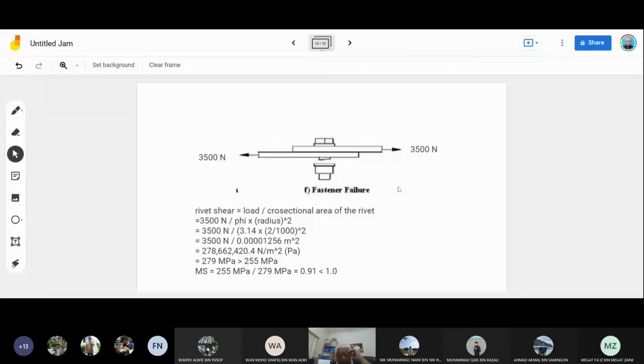Anyway, when the shear due to this force causes stress higher than the shear stress allowable of the material, this is what you get. Then this rivet will be sheared off, so it's a fail.